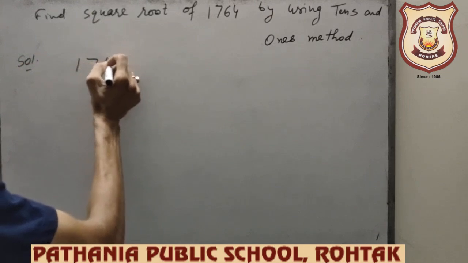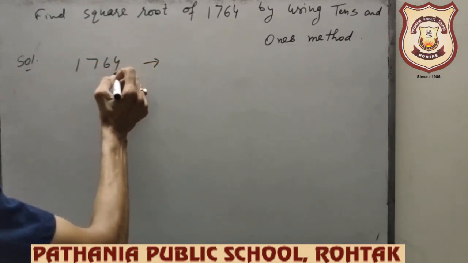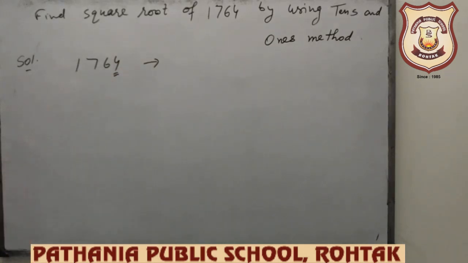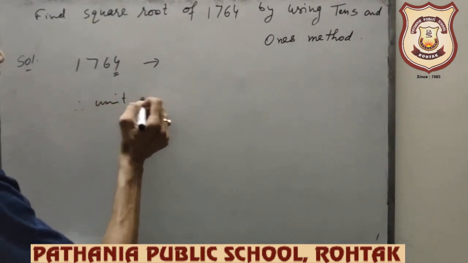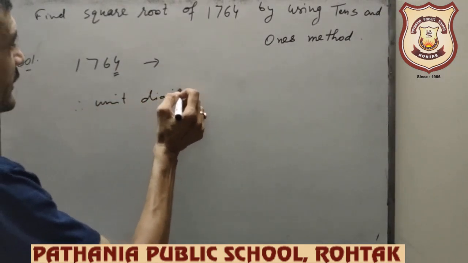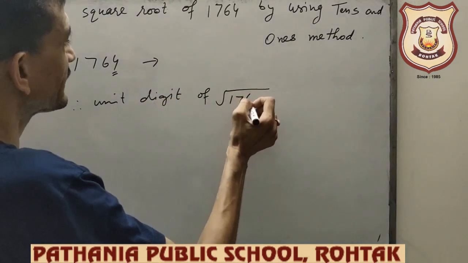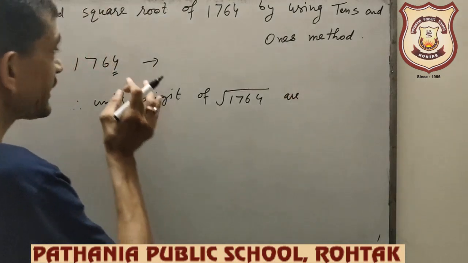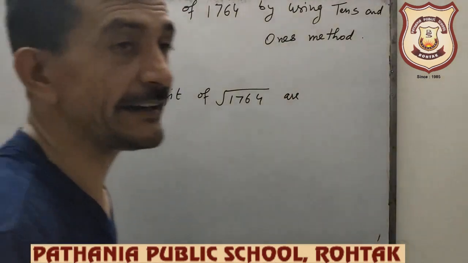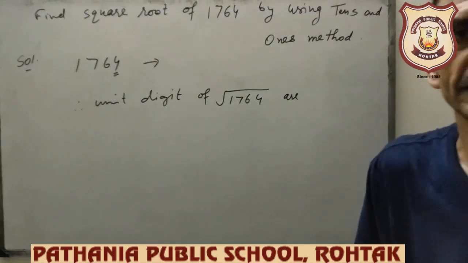Write 1764. First you go to the unit digit. What is the unit digit in this? 4. So the unit digit of the square root of 1764 is, now think of a number whose square ends in 4. So same, it is 2 or 8.